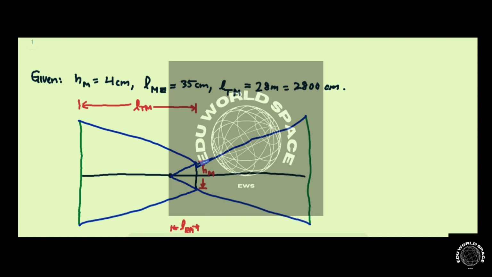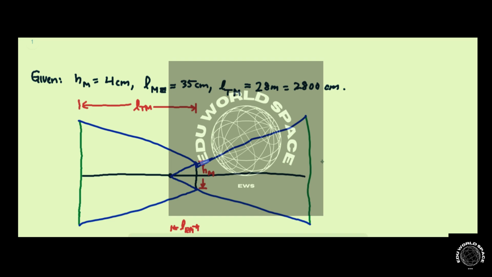Okay, so these are just extended backwards into the mirror. And observe that we have actually two triangles. So the one formed by this black line and these two blue lines, and a larger triangle formed by these long blue lines and this green line.